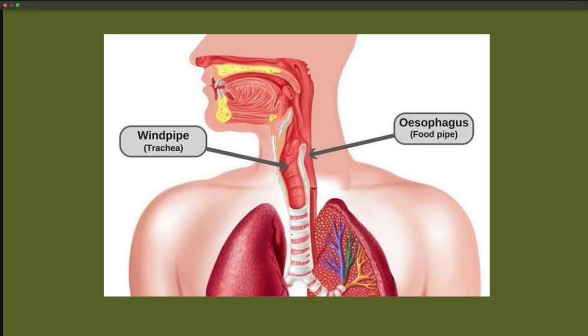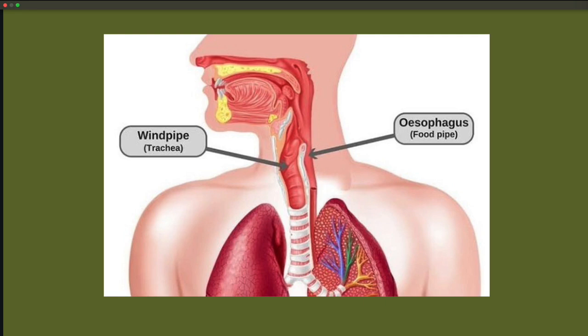So when you speak, air travels up from the lungs through the trachea, passes through the vocal cords in the larynx, and then is shaped by the articulators to produce sound. It's like the airflow in a musical instrument, essential for creating sound. So having a look at this illustration is very important to know the difference between the windpipe and the fruit pipe.